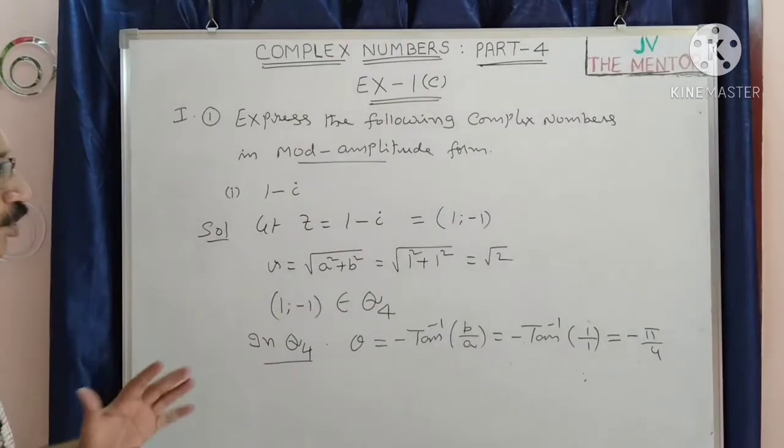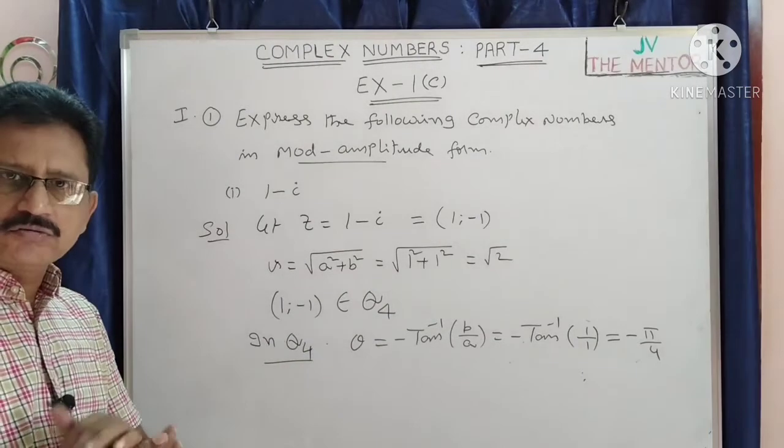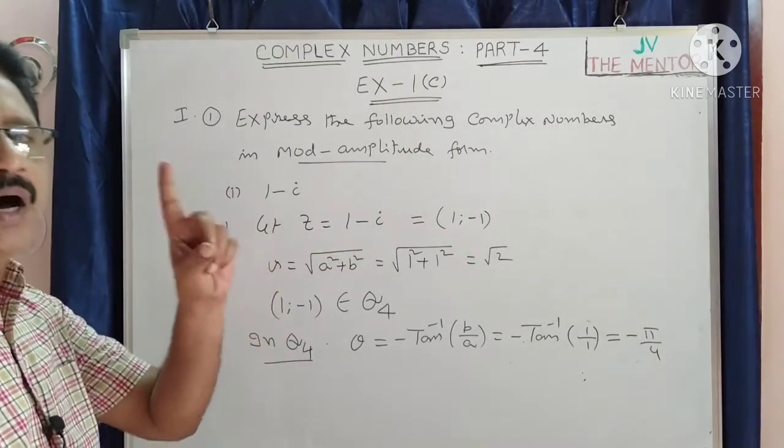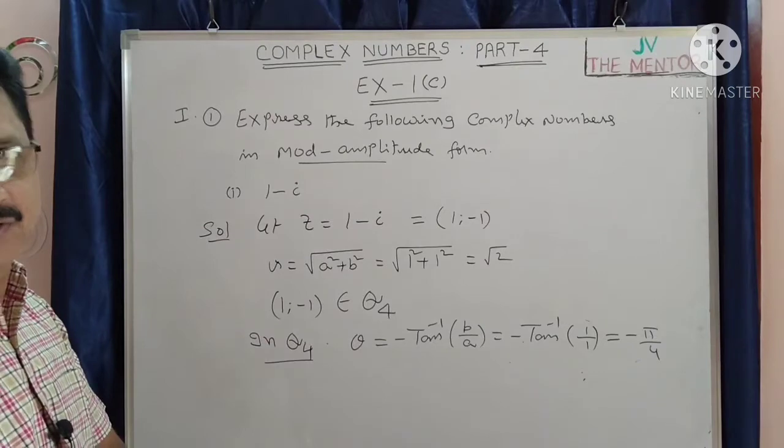Now substitute these two values in the modulus amplitude form. What is the modulus amplitude form? R into cos theta plus I sin theta. Write down.